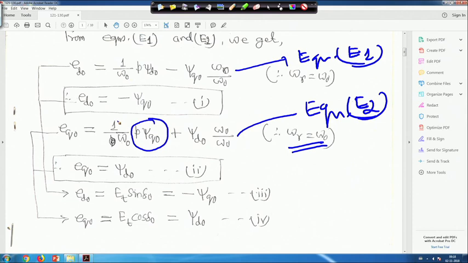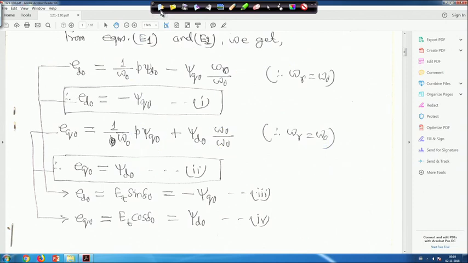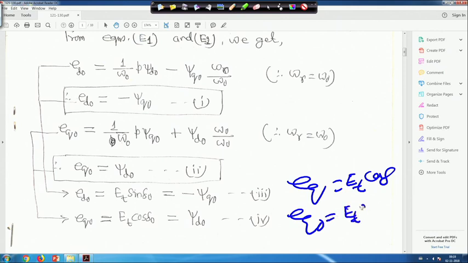So p psi q0, its derivative will be 0, because p is actually the differential operator, I told you d/dt, right. So this term will be 0 and this term is 1. So basically it will become psi d0, right. Similarly, previously we have seen that EQ is equal to ET cos delta, therefore EQ0 is equal to ET cos delta 0, right.